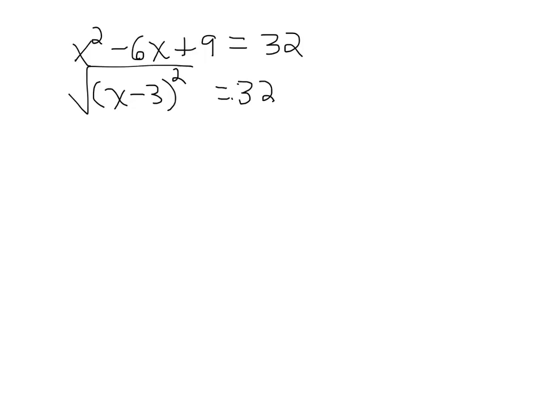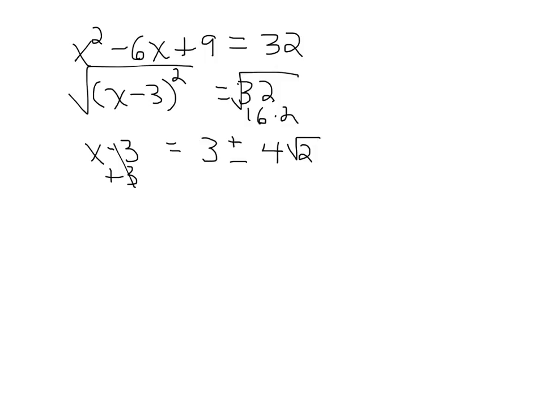When I take the square root of both sides, I automatically have to say plus or minus, and this one is x minus 3, and 32 is really 16 times 2, so that is 4 root 2, and when I add 3 to both sides, I have 3 plus or minus 4 root 2.